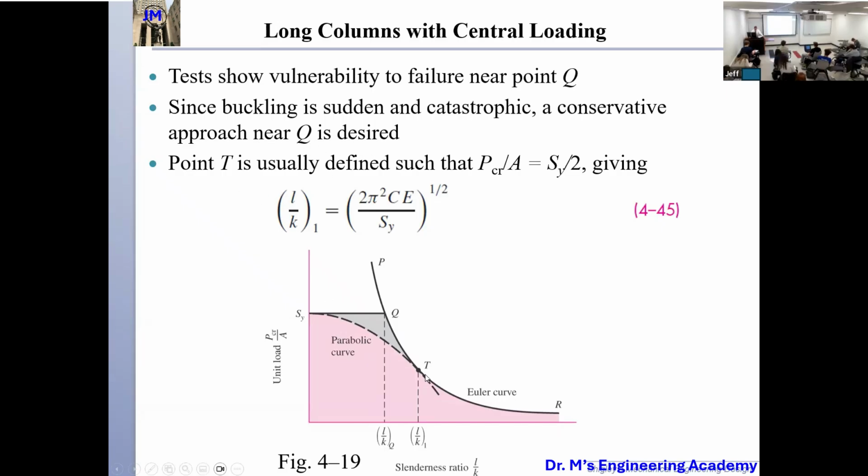So we find point T. Point T is usually defined such that P_cr over A, the critical unit load, is half of the yield strength, and we will use this to calculate the critical slenderness ratio.